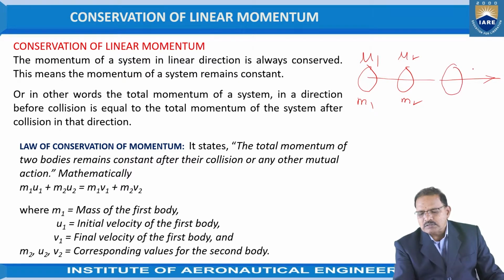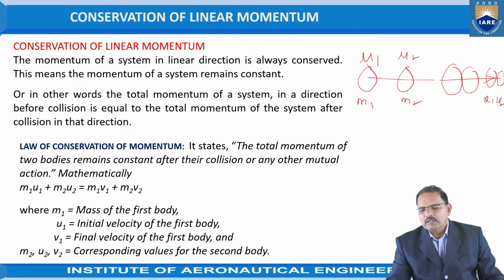After the collision, they separate with velocities v1 and v2 as shown in the figure. Before collision, the momentum possessed by the bodies is the sum of the momentum of m1 and m2, which is m1 u1 plus m2 u2. After the collision, the total momentum possessed by the bodies is m1 v1 plus m2 v2.